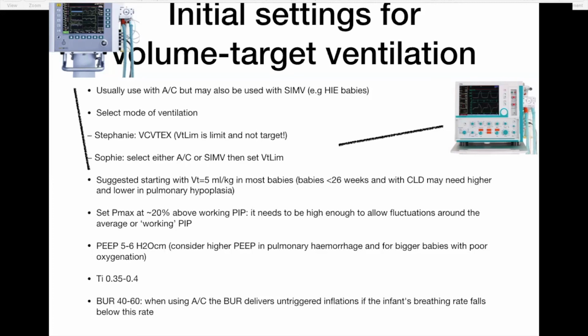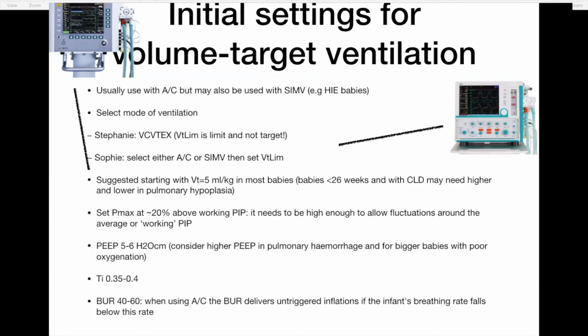As you know, we always have to set a maximum pressure, a Pmax, which should ideally be above our working PIP by 20%, because it should be high enough to allow fluctuations around our average or our working PIP.